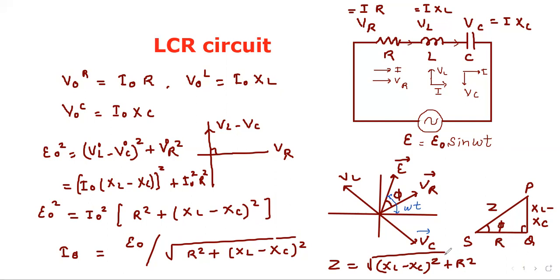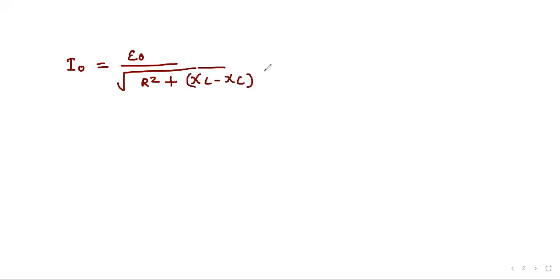Now, condition of resonance. So we have got the situation I0 equals E0 divided by root of R square plus XL minus XC whole square.